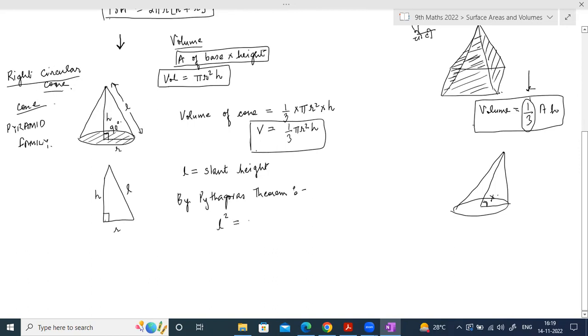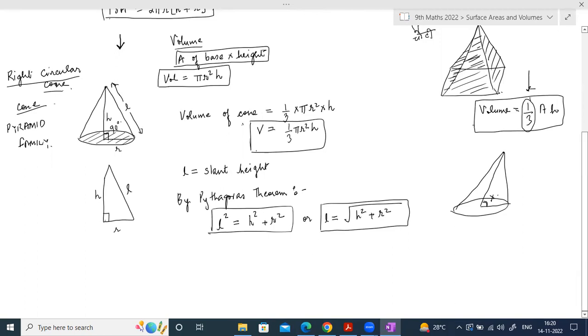So L square should be equal to H square plus R square, or the slant height is equal to square root of H square plus R square. You should learn this formula as well, because in some questions you might be given any two of these and be required to find the third side.